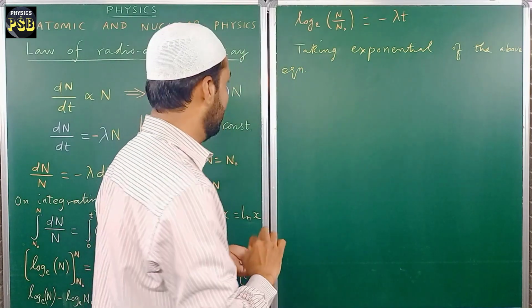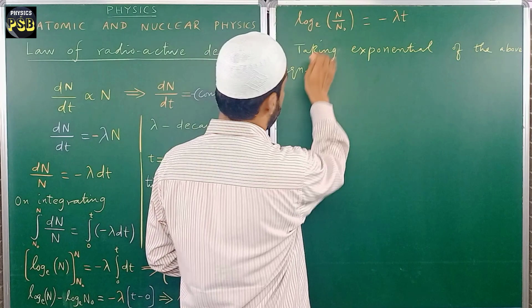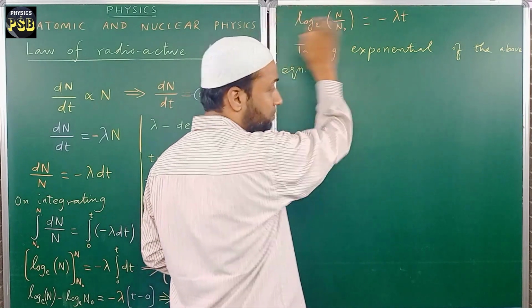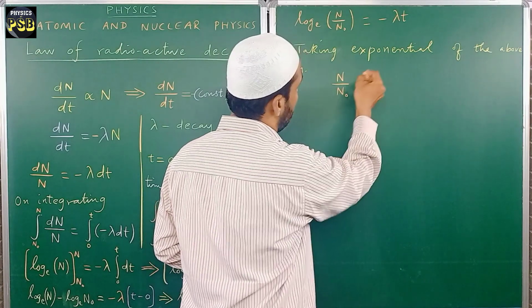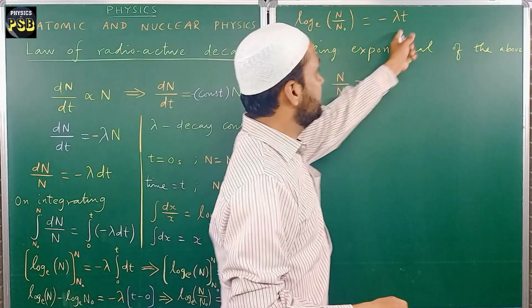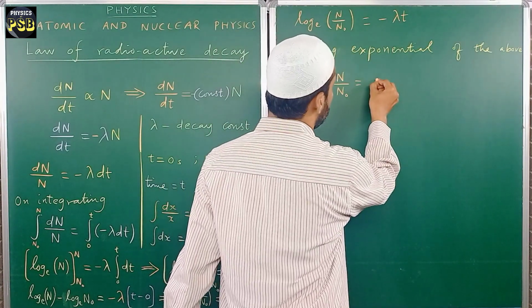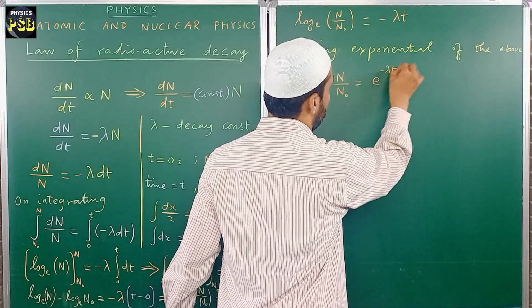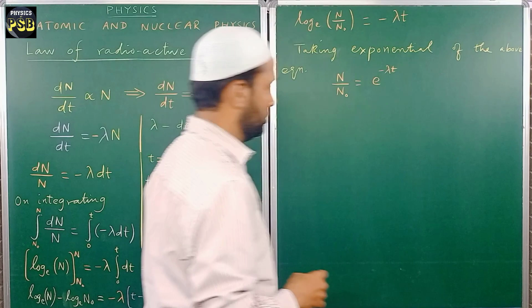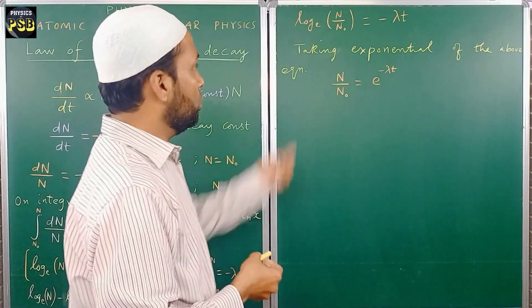What do I get? I get this. Here this side, this will disappear and I'll have only n upon n naught. And this side, this term will get raised to the power of e. Okay. This is what we obtain on taking the exponential of the above equation.